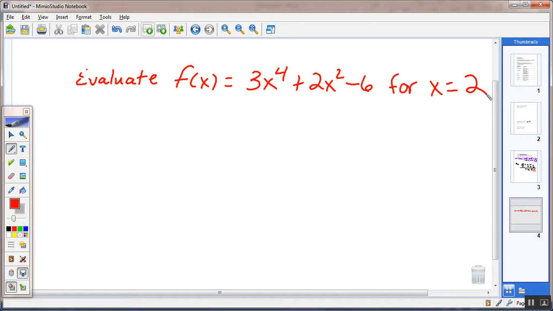Got to be careful on this when you start this out synthetically. Can I just throw a 3 and a 2 and a -6 up right away? No. No? Okay.